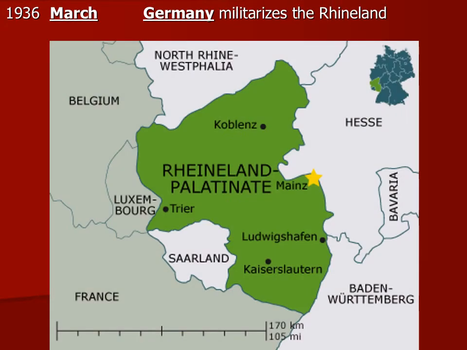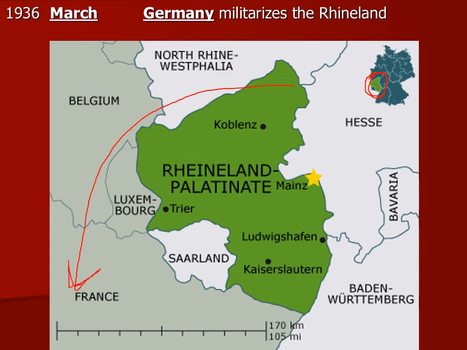You then see in March of 1936, the Germans actually remilitarized the Rhineland. If you see this little map right here, the Rhineland is part of Germany. But in the Treaty of Versailles, they were told that they could not remilitarize this area because the Germans had always invaded through this area into France.